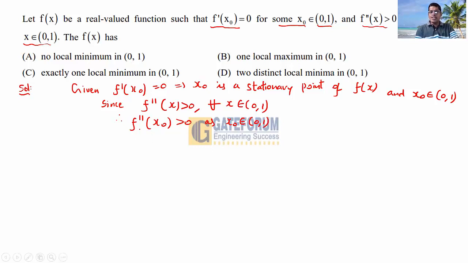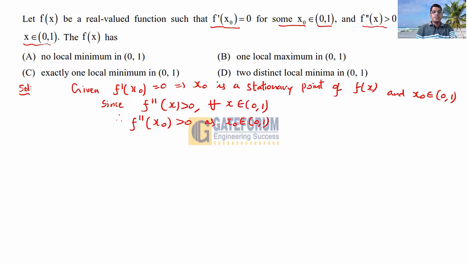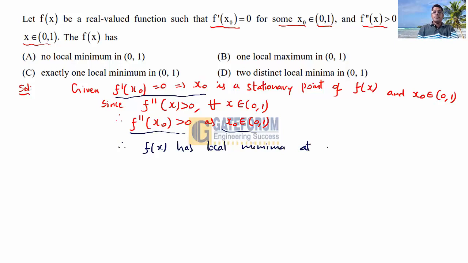So when second derivative greater than 0 and first derivative equal to 0, such a stationary point, you know that, therefore f of x has local minima at x naught. This belongs to 0 comma 1.